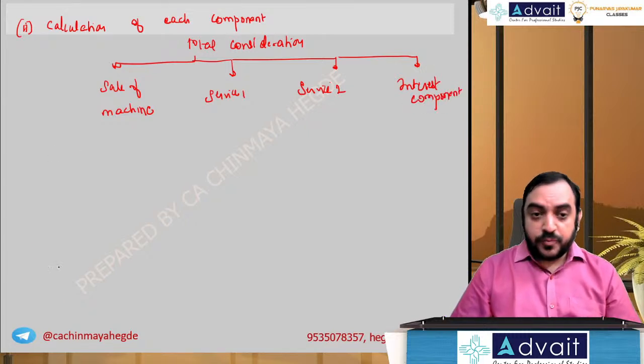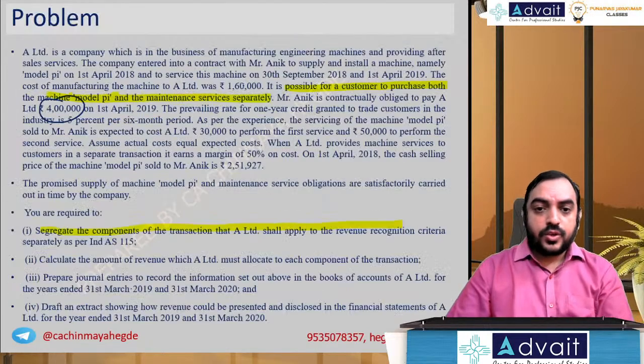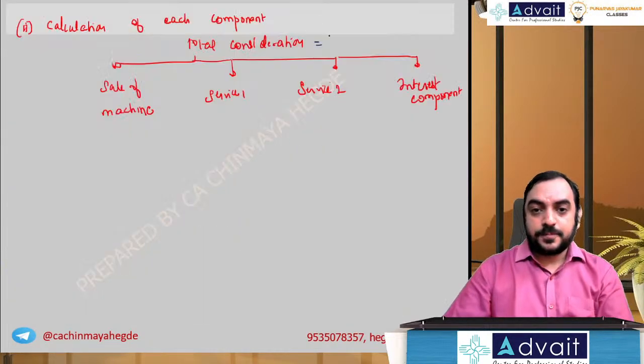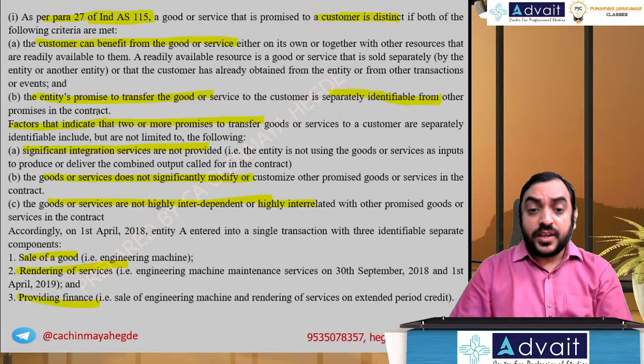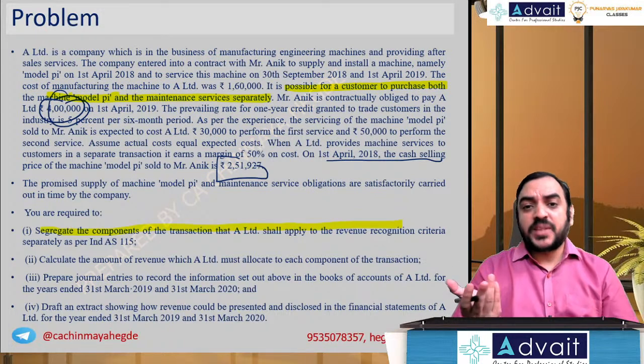Okay, now sale of machine. Total consideration is 4 lakh. They said the cash price of the machine is 2,51,927. What is cash price?